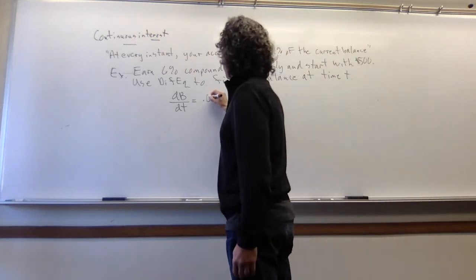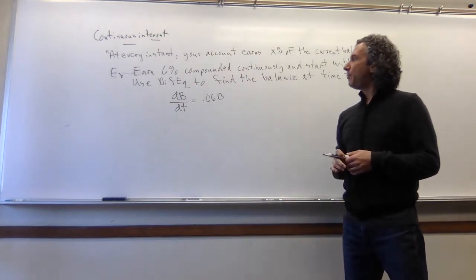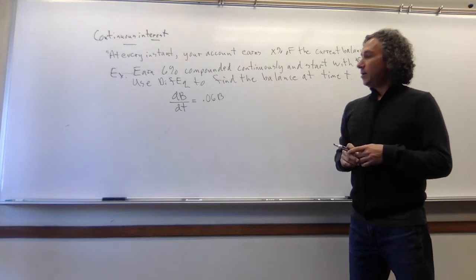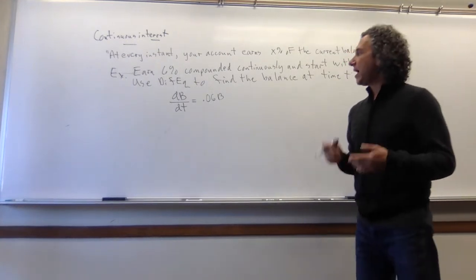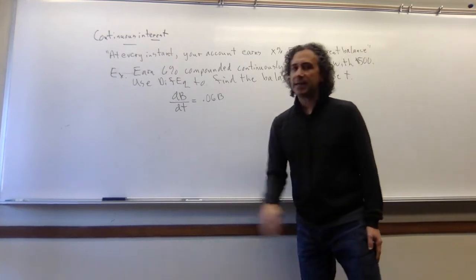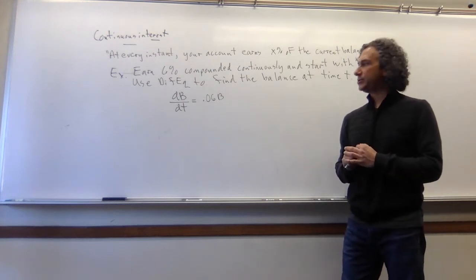It's just going to be 0.06 of whatever I have at that point in time. So it'll be 0.06 times my balance at time t. Well, we now have a differential equation that we can solve using our separation of variables method. So I'm going to give you a minute, pause the video, try to solve it, and then you can see my video solution.